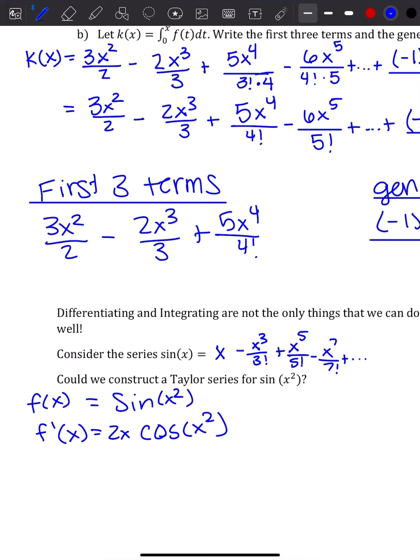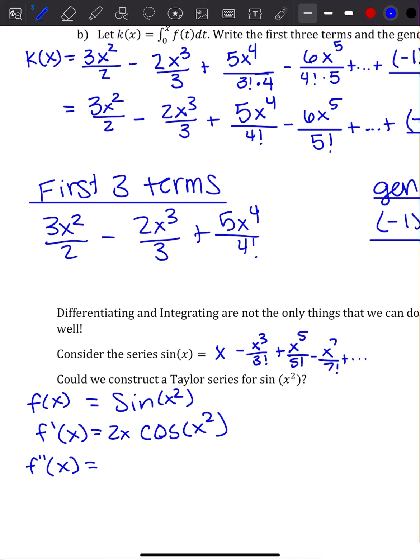But if we take the derivative again, which we would have to keep doing to find these coefficients to make a Taylor polynomial, we would get the derivative of 2x times cosine of x squared. Because there's that times, we need product rule.